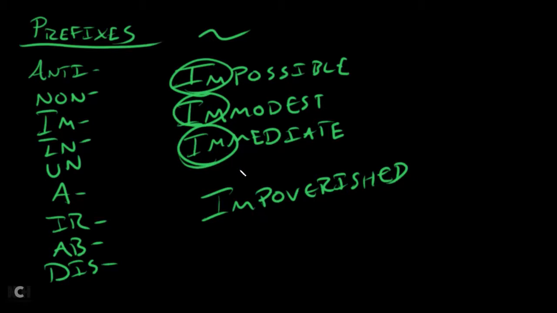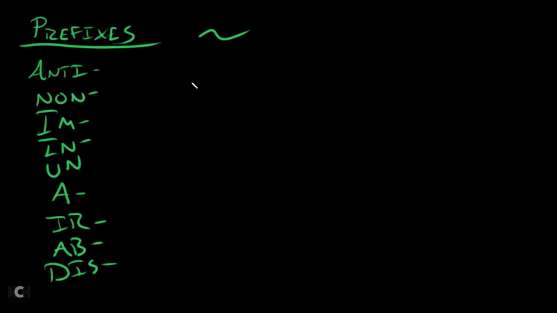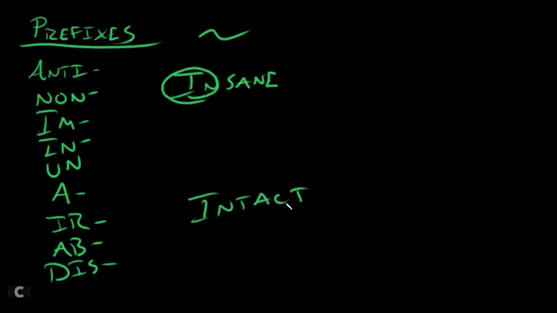Let's take a look at in. Same thing. When does it mean not? When does it not? It can do both. Let's take a look. So when it comes to in, think about this. I could say that somebody is insane. Now what does that mean? The in here means not. So if I say somebody's insane, it means they're not sane. On the other hand, I could say that the pieces of a puzzle were intact.